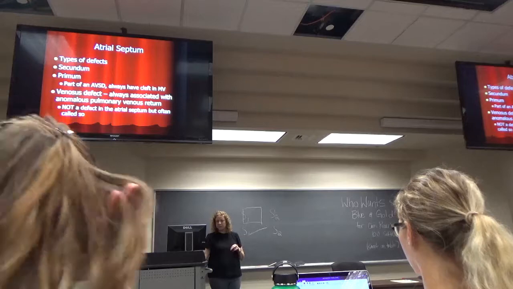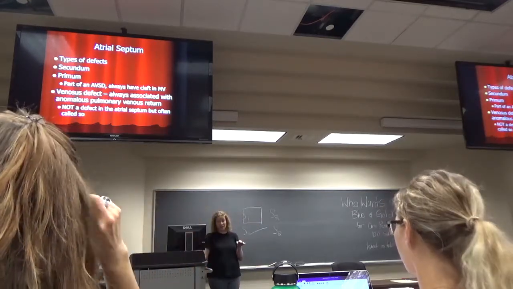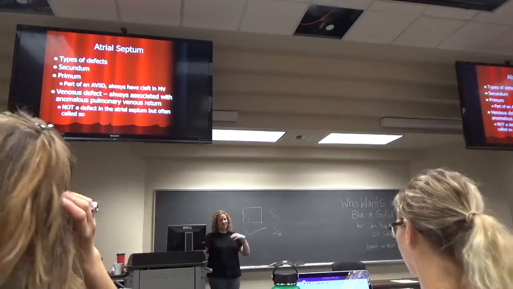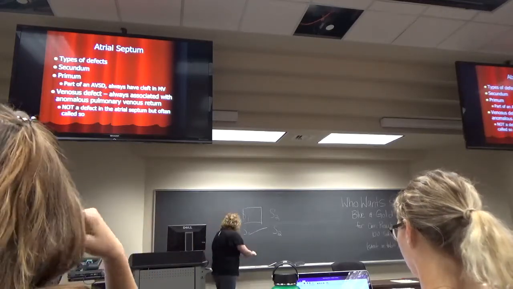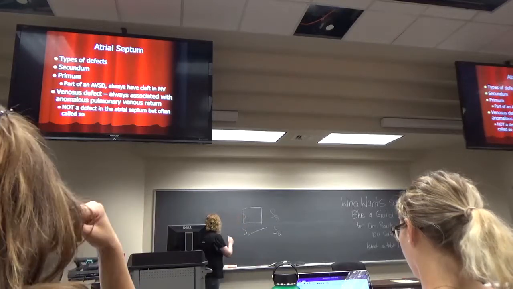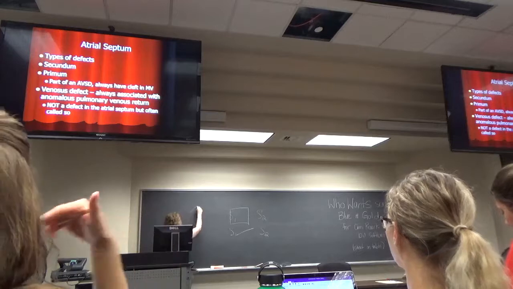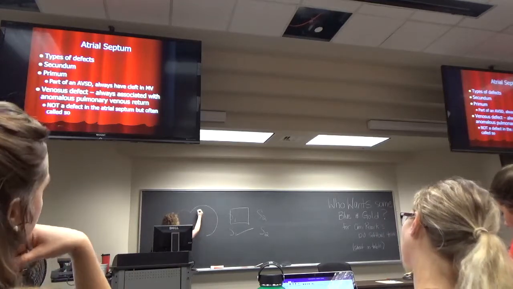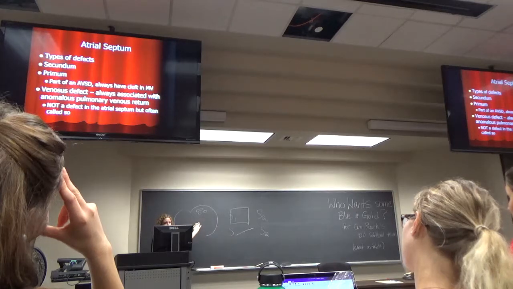The other type of ASD, and there's a lot of debate whether this is really an ASD or not, is a sinus venosus defect. The way I think of sinus venosus defects is, if you're looking at the back of your atriums, your pulmonary veins should all come in to the left atrium, right?